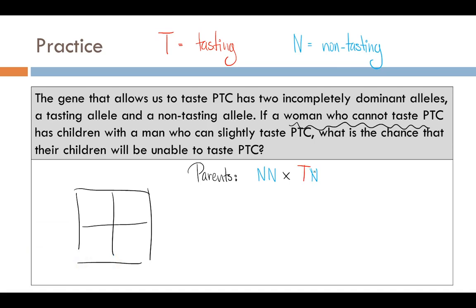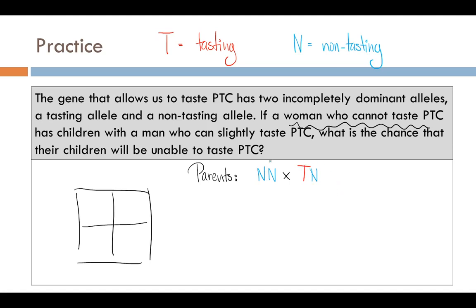The order isn't important. You could put N first, but I just happen to put T first. Those are their alleles.